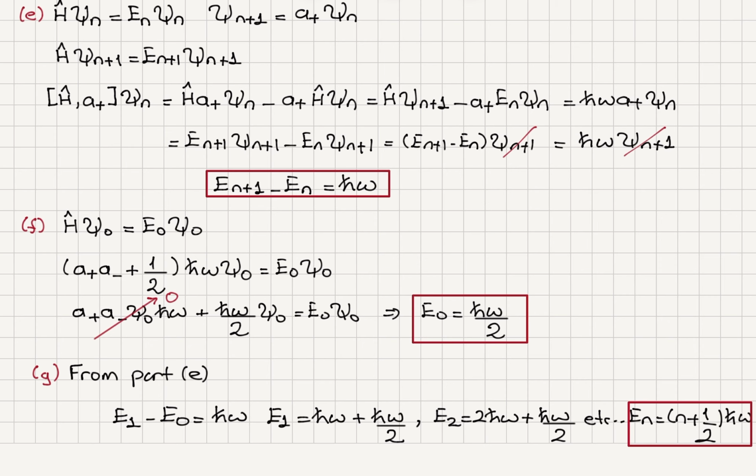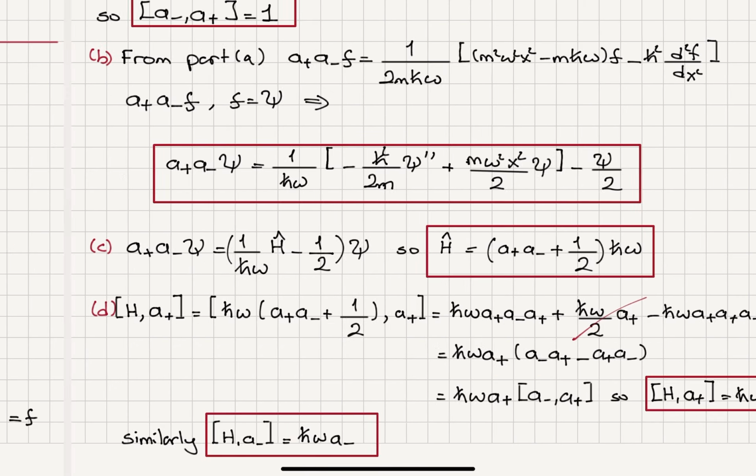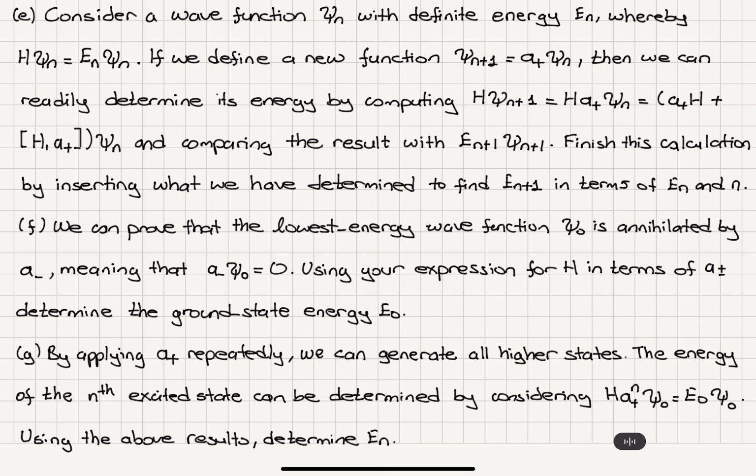Okay, so what have we done here? The Hamiltonian operator applied to psi0 gives us E0 times psi0. If we apply the A plus operator n times on psi0, we will be generating higher energy levels because it will increase the state number.